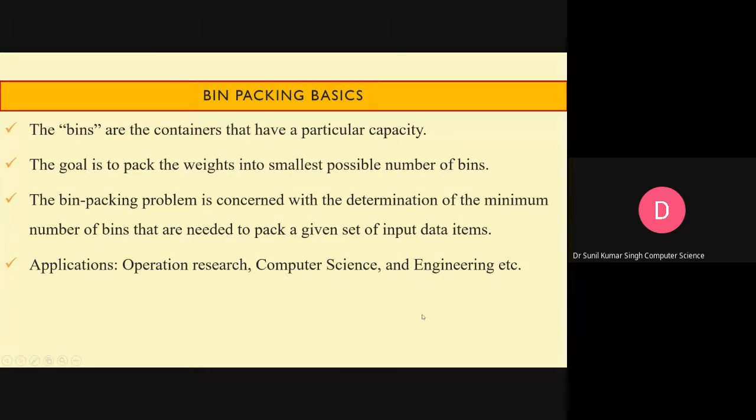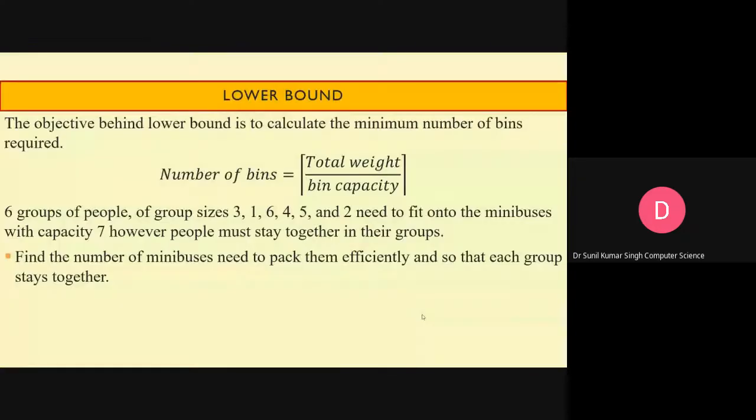So let's start the discussion with the very first point. Suppose that some set of items and some number of bins are given to you. Then how can we check how many minimum bins are required? Let's forget about the constraints for packing.